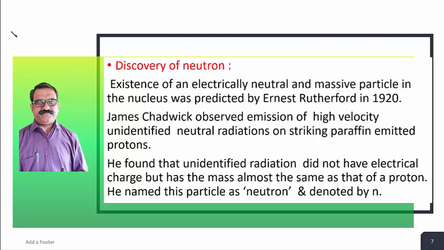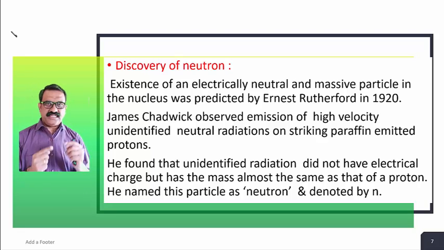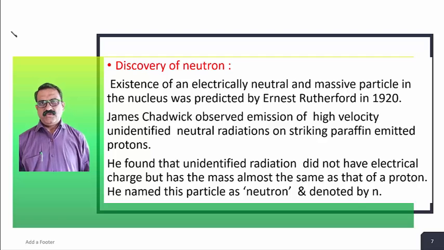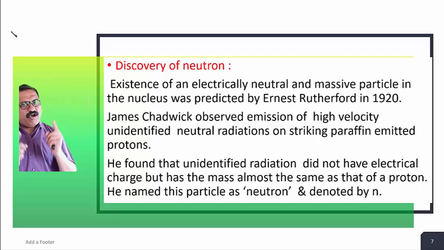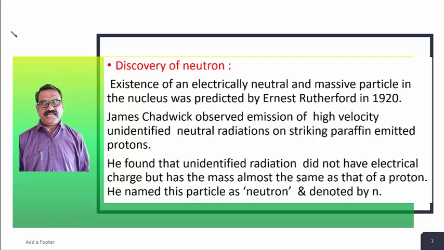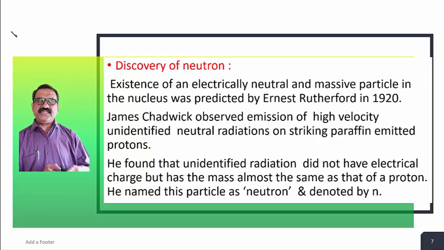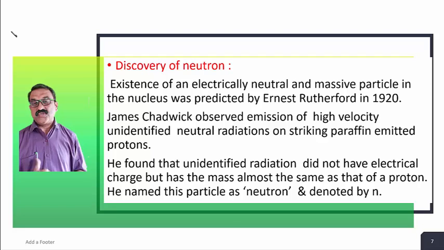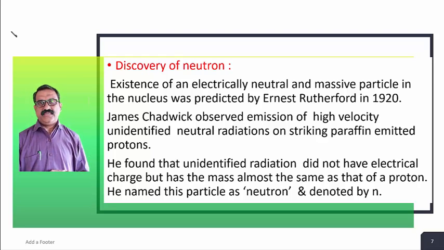In short, we can say that a neutron is a combination of proton plus electron. Neutron has no charge, it is neutral, but carries one unit mass.